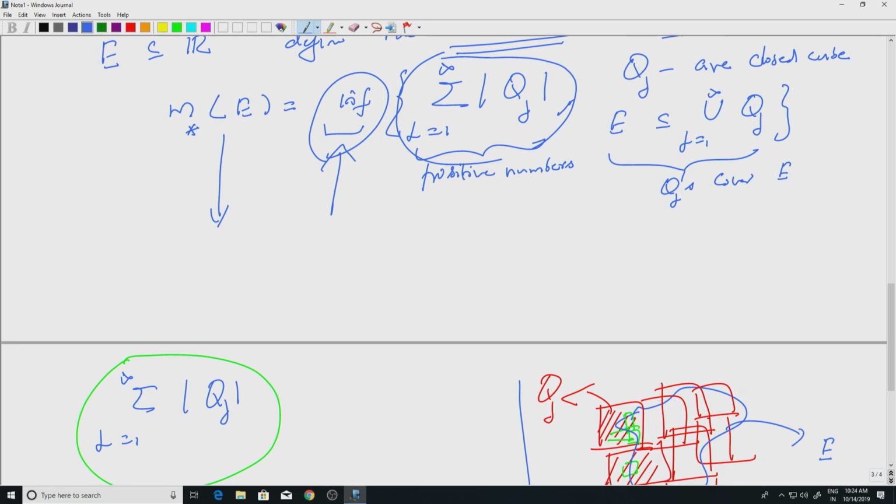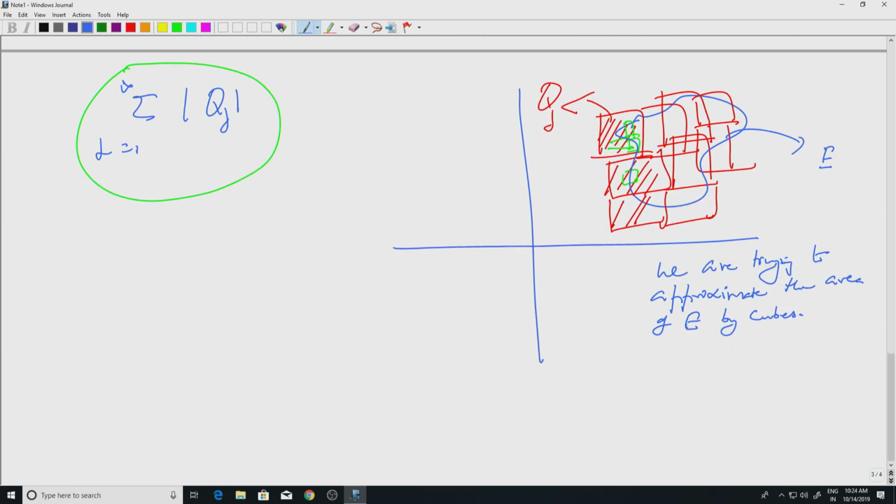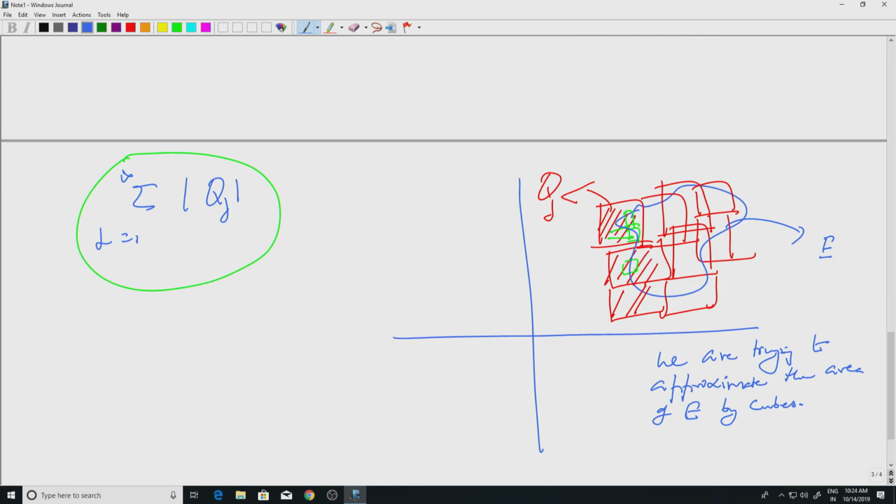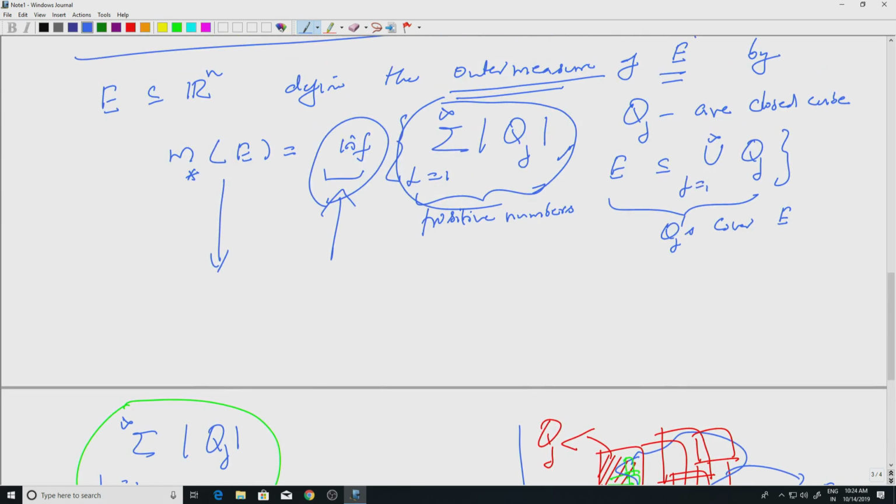For example, if E is a cube to start with, then you will get its volume as m star of E. We will see some examples to understand this.